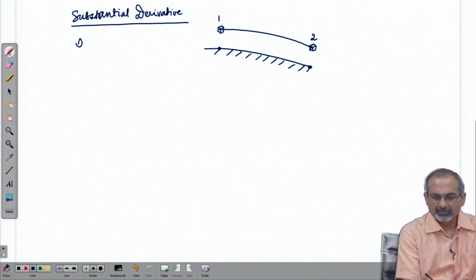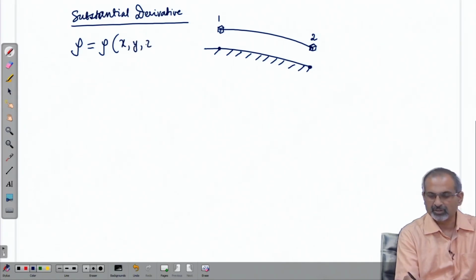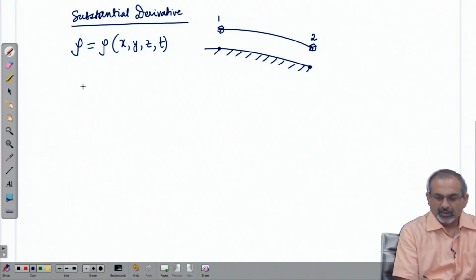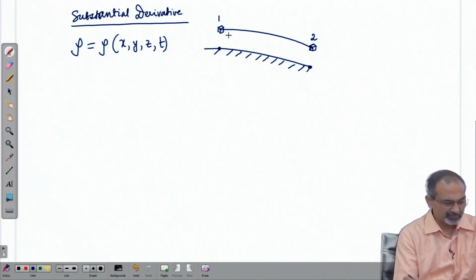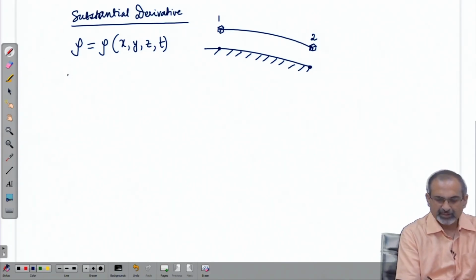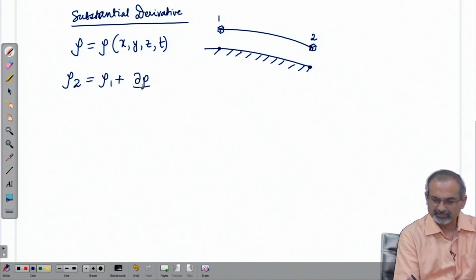So, let us say we are looking at the density of the flow field as a function of x, y, z and t. We are looking at 2 points, 1 and 2, and they are not far apart, they are close to each other. In that case, we can think of expanding this function rho about the point 1 in a Taylor series.